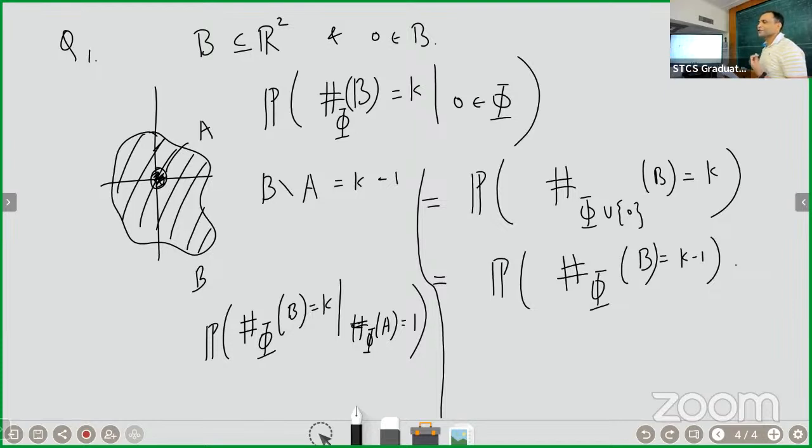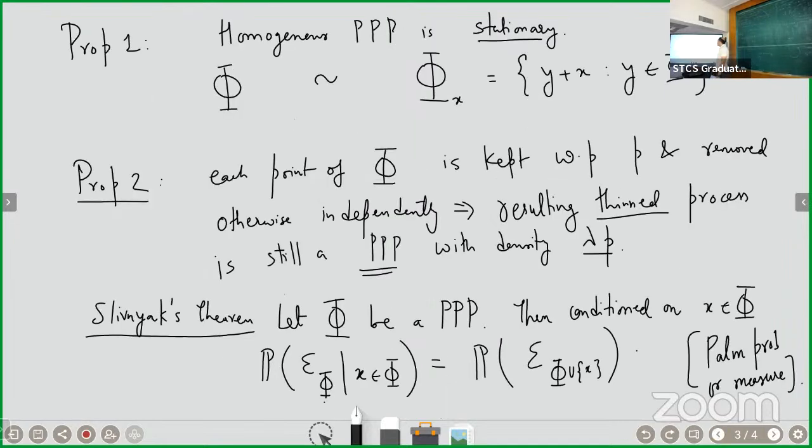Without this theorem, it would not be obvious. Who knows, right? Because the point that lies at O could skew the distribution around itself also. It's not doing it. So here it's telling you that you just add that origin back over here. But if the event really looked at things outside, it should not have mattered. That's what it's telling you.